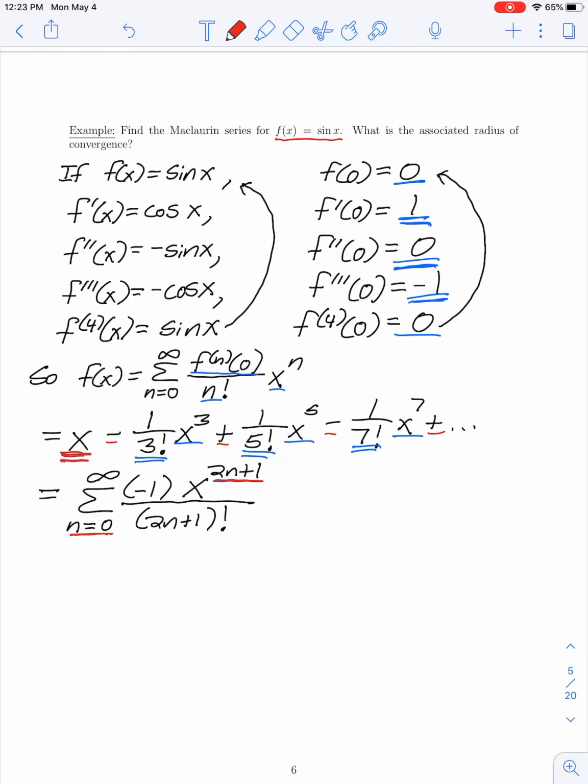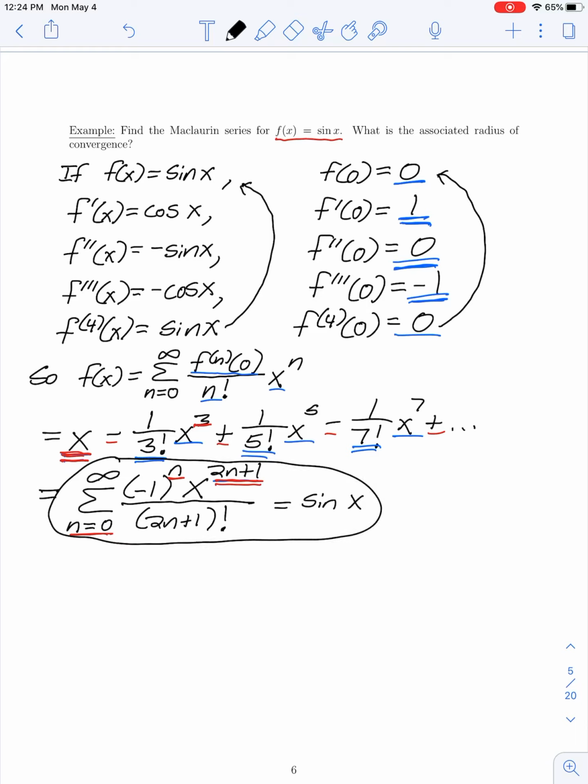And we know that we want that to be positive, so we're going to make this negative 1 to the nth power, so that when n is 0, we have a positive 1. And then moving to our next term, when we have x cubed, that would correspond to the value n equals 1. So if we have negative 1 to the first, that would give us that negative term that we're after. So this would be the Maclaurin series for the function sine of x.